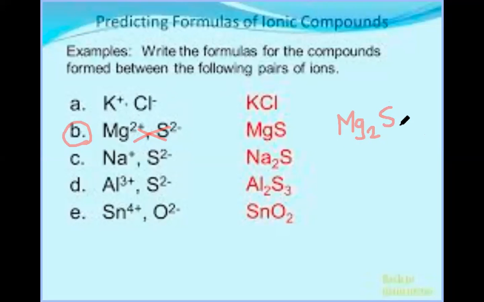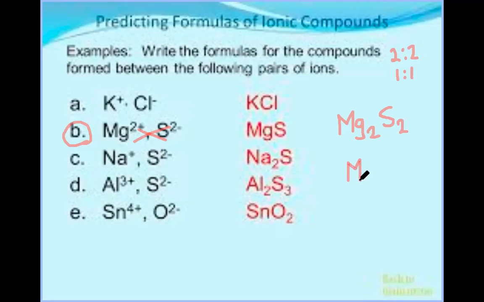So sulfide 2. Do you remember the rules? The number should be in the lowest possible ratio. So can you simplify 2 and 2? Can you reduce the 2 and 2 ratio? Yes, you can, right? Both numbers can be divided by 2 and you can go to 1:1.